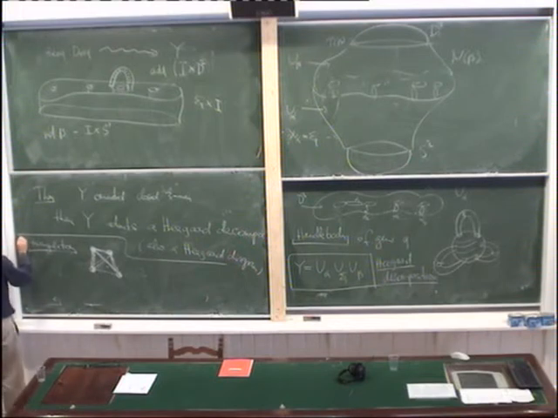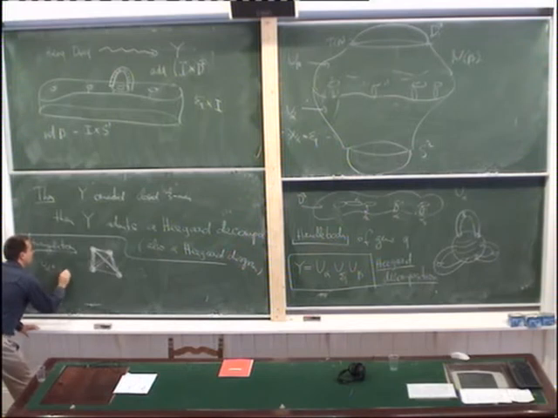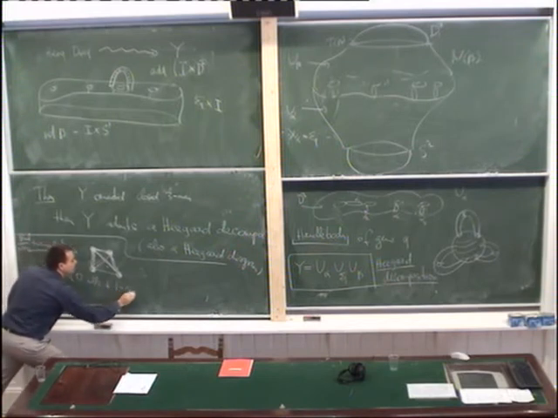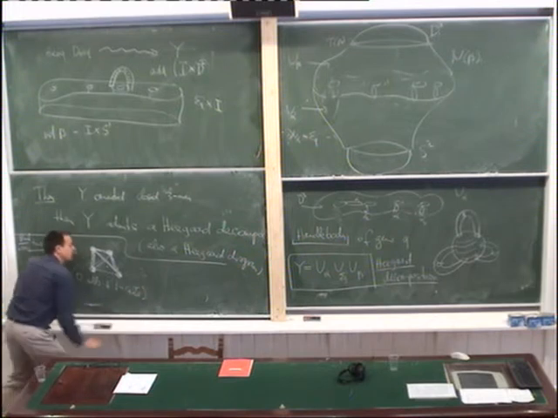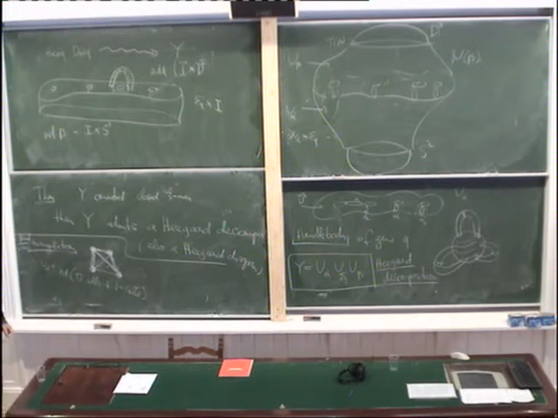Proof: U alpha is the neighborhood of 0 cells and 1 cells, and U beta is the rest. So at first sight this seems rather surprising, because you know that three-manifolds are rather complicated.